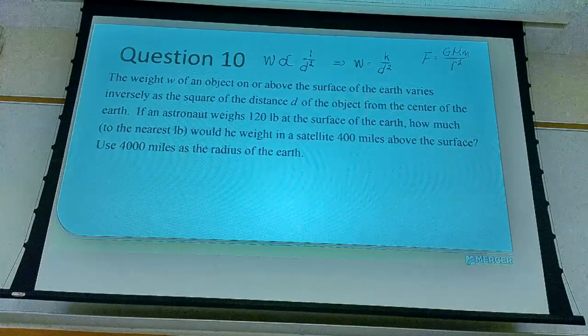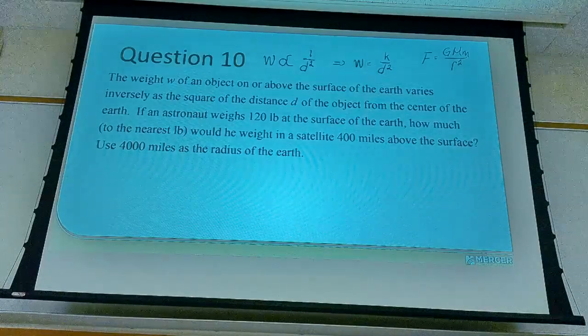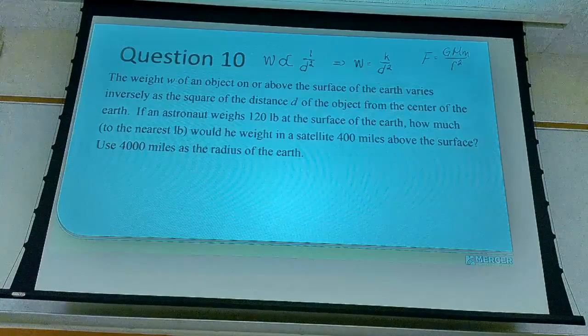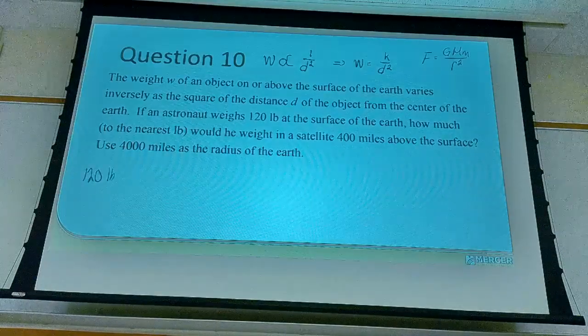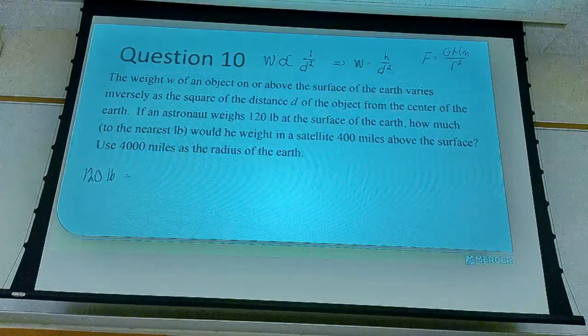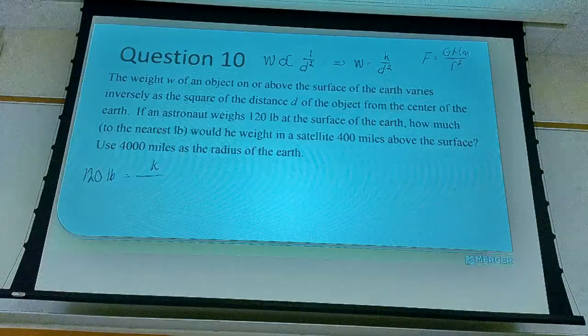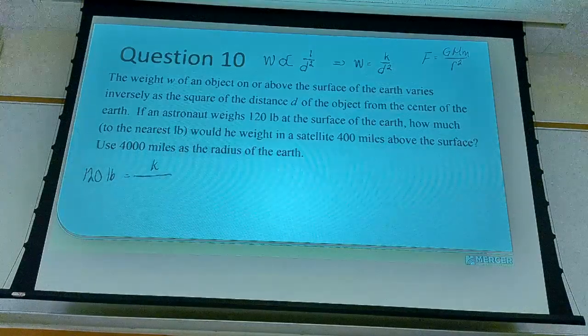Use 4,000 miles as the radius of the Earth. So 120 pounds is equal to K over distance squared.